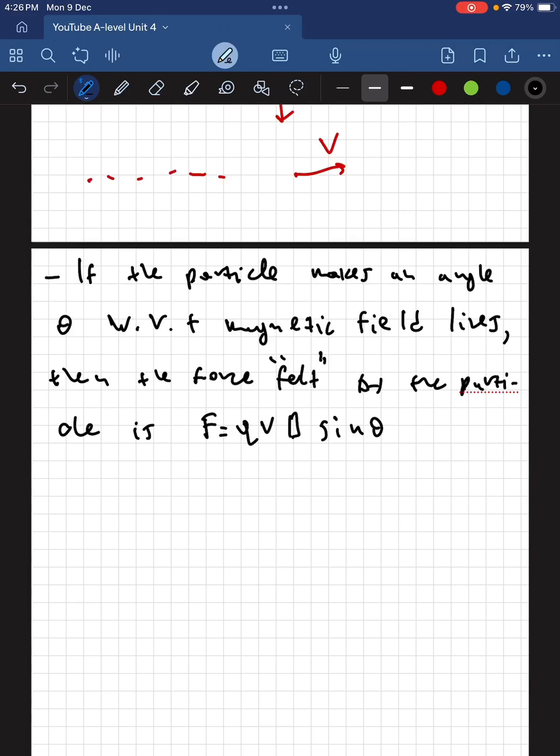And again, if theta is 0, meaning that the particle travels in the same direction as the magnetic field lines, then the force is 0. And if theta is 90 degrees, the force is QVB. Now, how about the direction of this force on moving particles? So, direction.